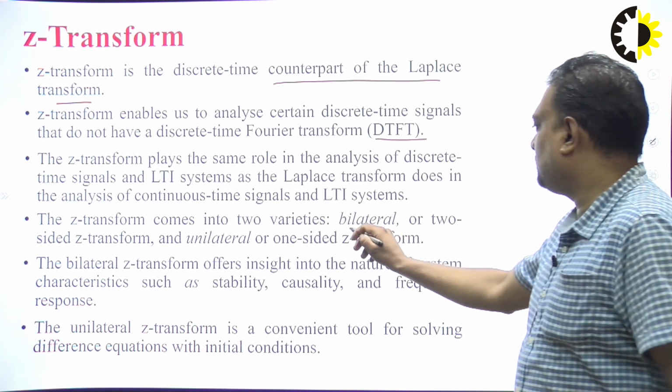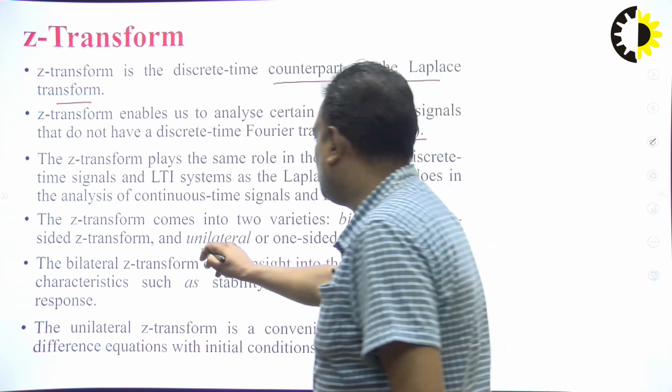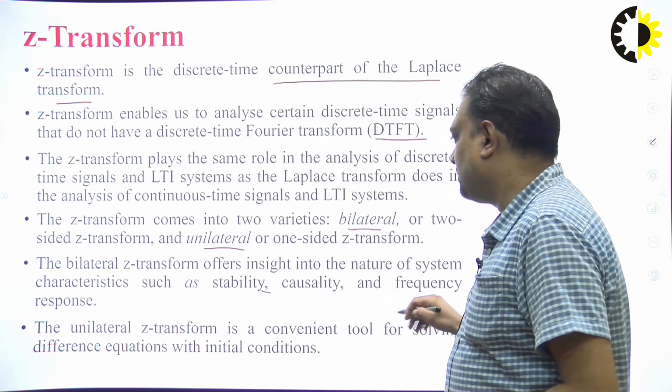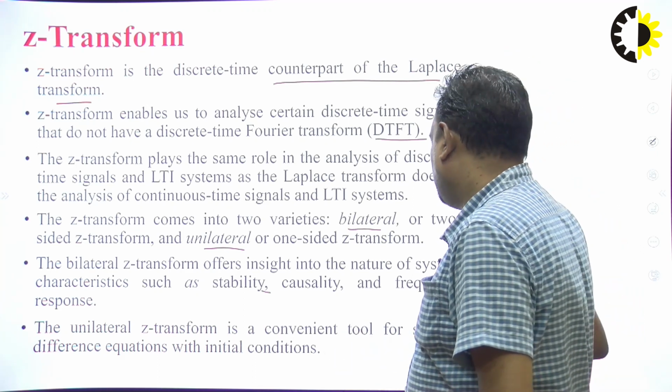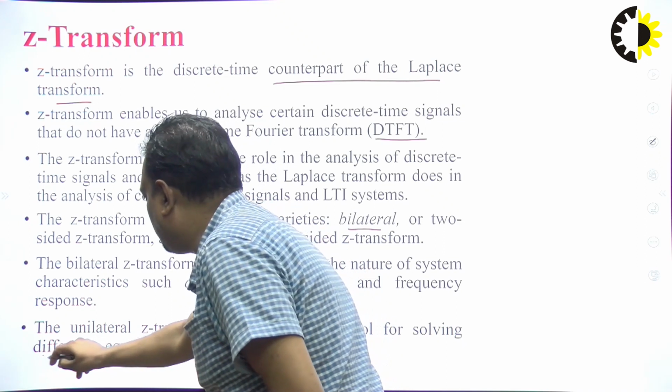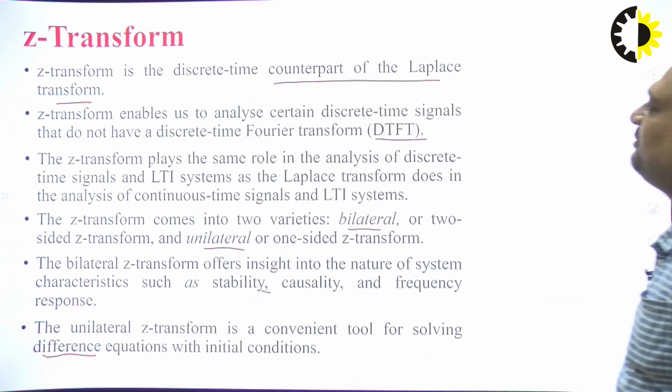Again, it is of two types, bilateral and unilateral. Bilateral is used for stability, causality and frequency response, and unilateral is a convenient tool for finding the solution of difference equations. The important thing is that these are difference equations rather than differential equations.